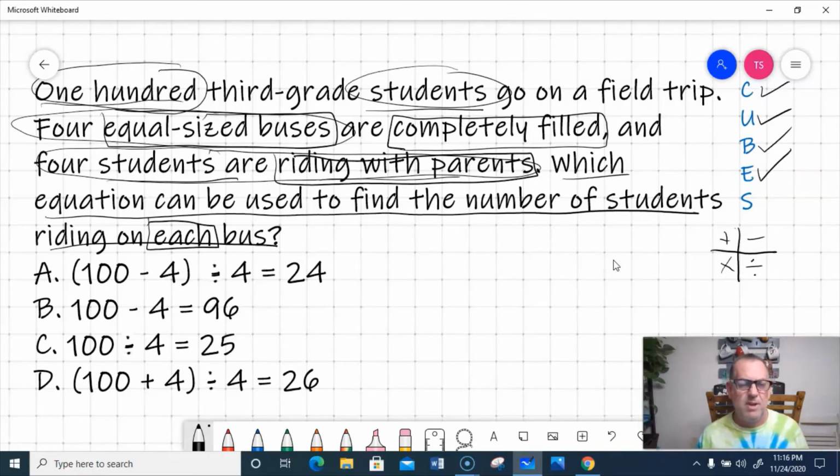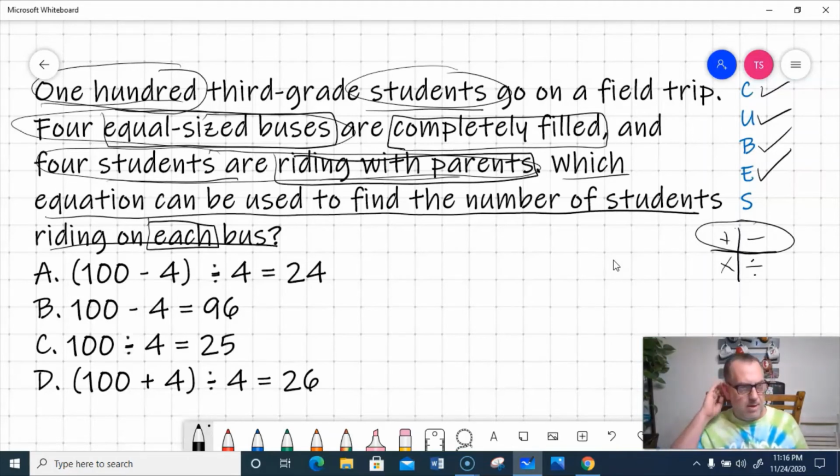So whenever my labels are the same like that, that lends itself well to addition and subtraction. We don't see anything in that part of the problem that tells us we're talking about groups or equal size of anything. It's just students, and students are not riding on the bus, basically. So when my labels are the same, that looks like an addition or subtraction problem.